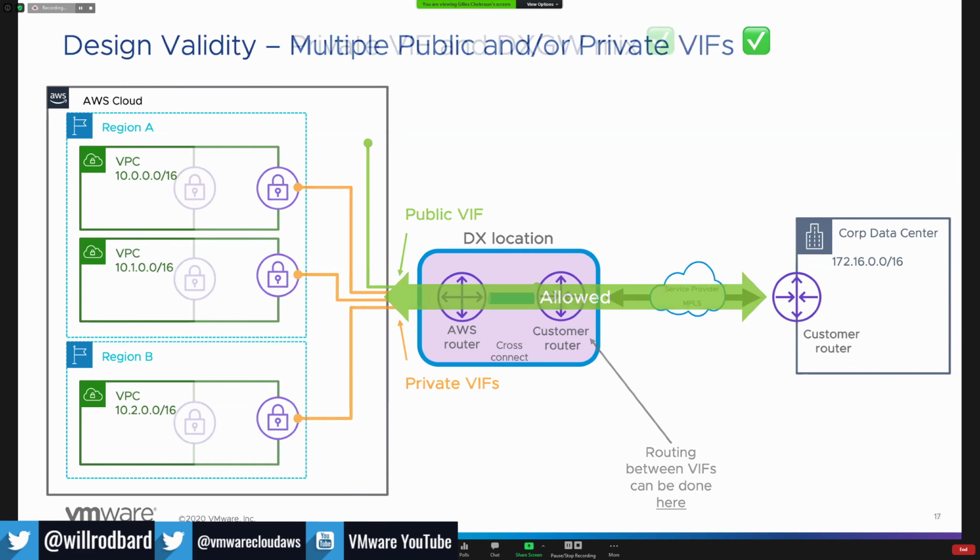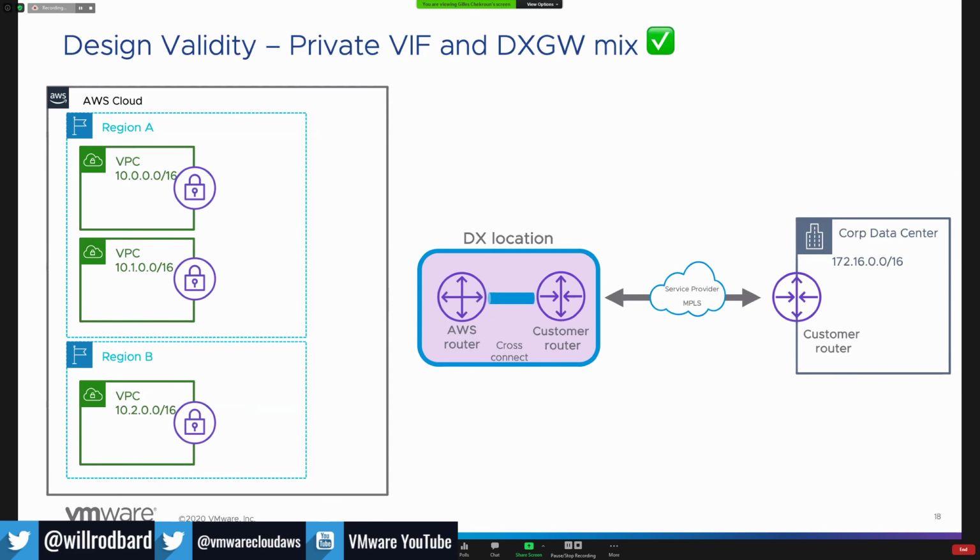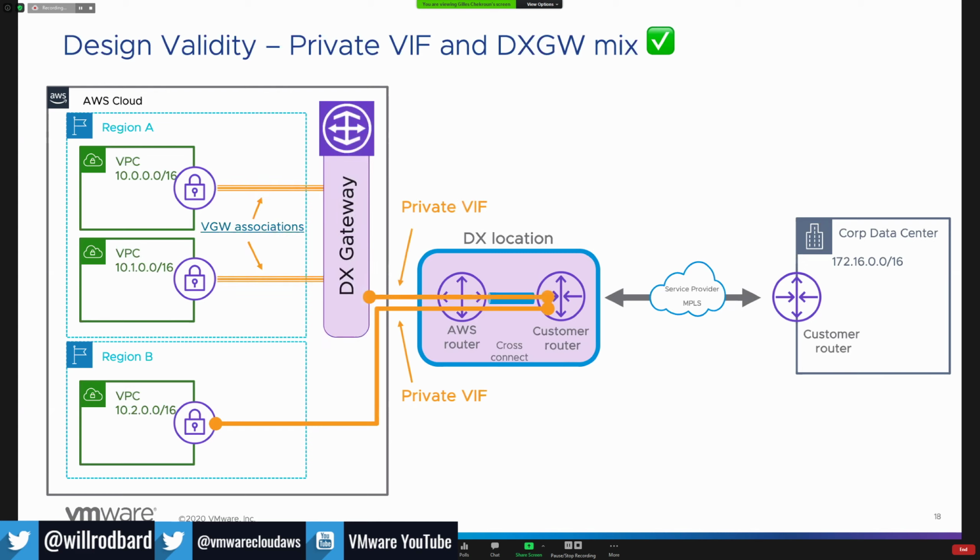That's okay. If we go with private VIF and Direct Connect Gateway, we can mix. So I can have a private VIF to a VPC and a Direct Connect Gateway with another private VIF and VGW association. That's fine. So this is allowed. This is not allowed.